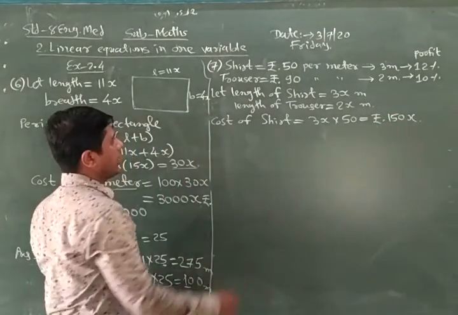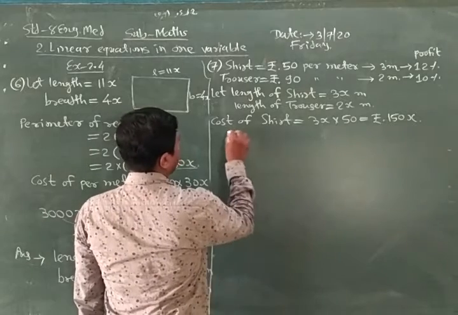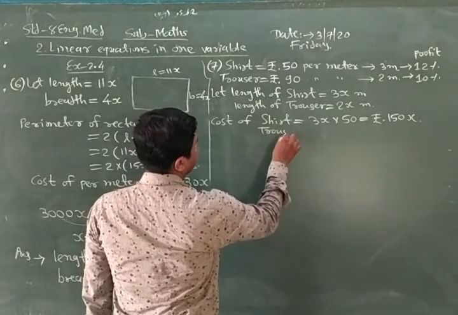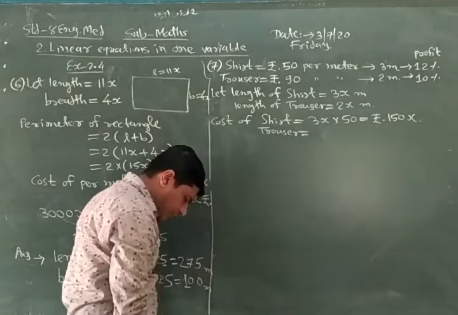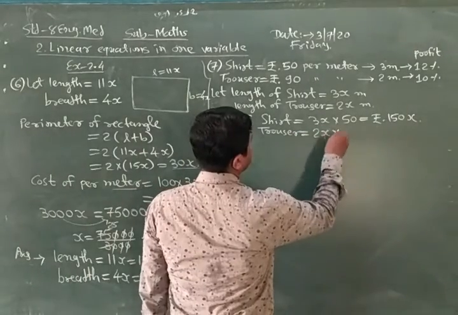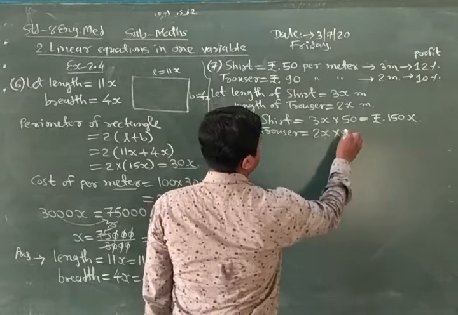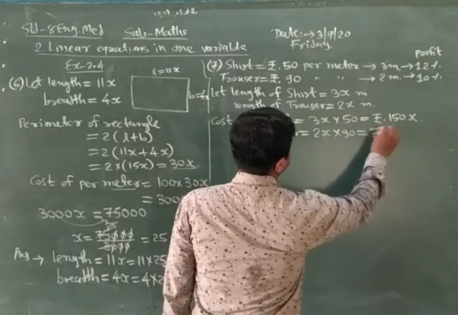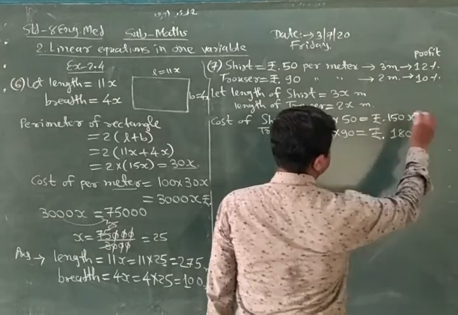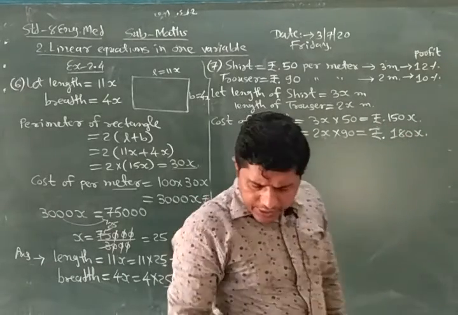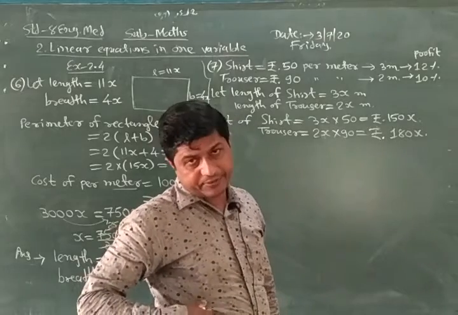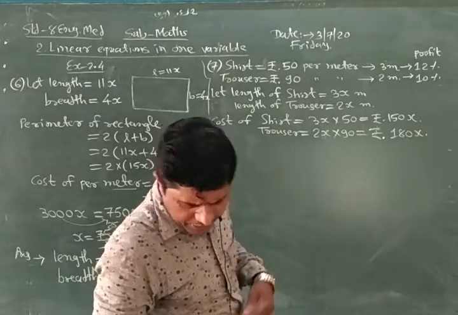Okay, same to same, the cost of the trouser is 2x and the cost is 90, so rupees 9 to 80, 180x.